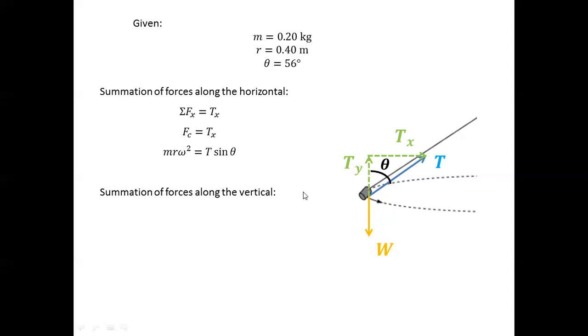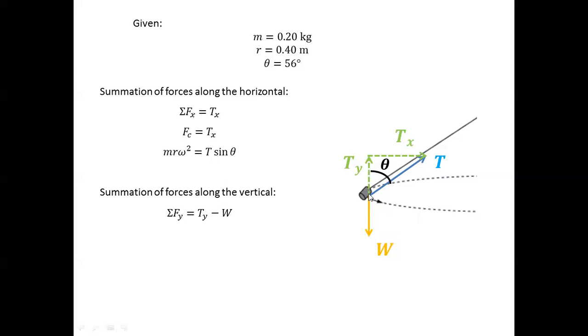Now, let's move on to the forces acting along the vertical. If you look at our diagram, there are only two forces acting along the vertical: the vertical component of tension and the weight. So the summation of forces along the y will be T sub y, the vertical component of tension, minus W. By convention, since T sub y is directed up, it's positive, and since weight is directed down, it's negative. That's the reason why we have this minus sign.